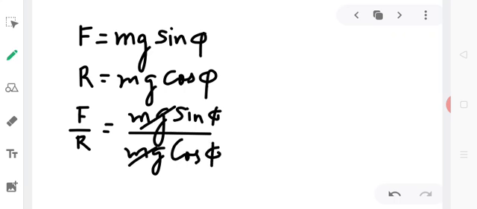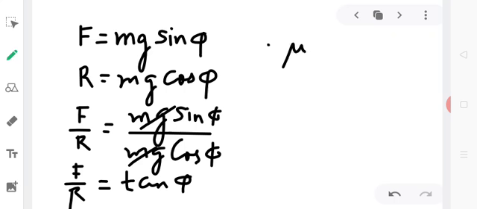So you can cancel out mg. So we are left with F by R equal to tan of phi. Further, F by R is equal to mu. So we can write down, therefore, mu equal to tan of phi. Hence, coefficient of limiting friction between any two surfaces in contact is equal to the tangent of the angle of repose between them. Let us mark this equation as equation number B.